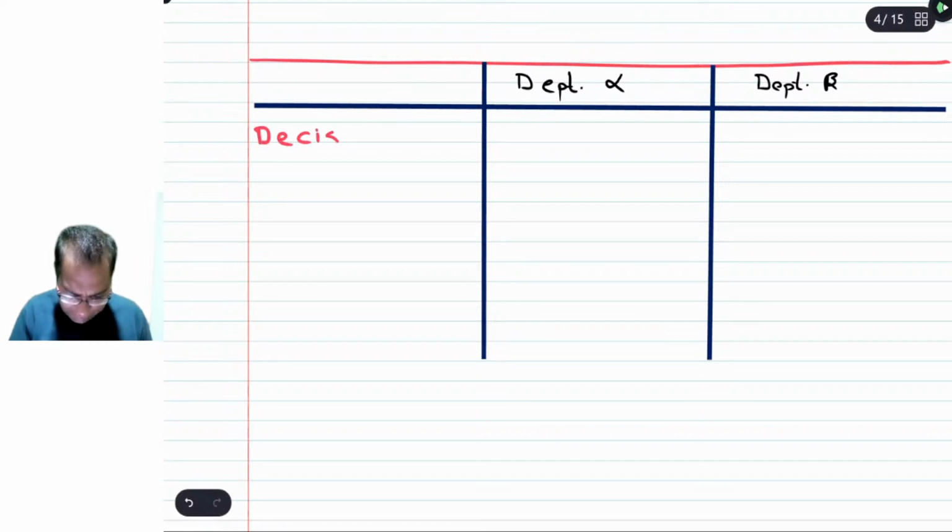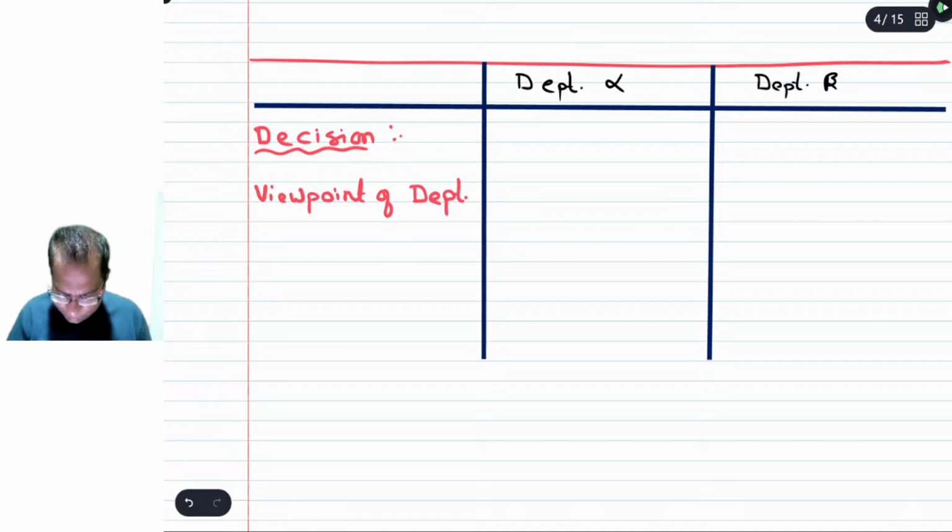What is the decision? Viewpoint of department. No. Yes.